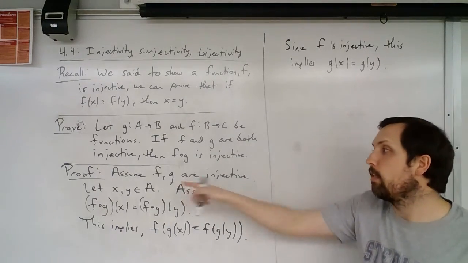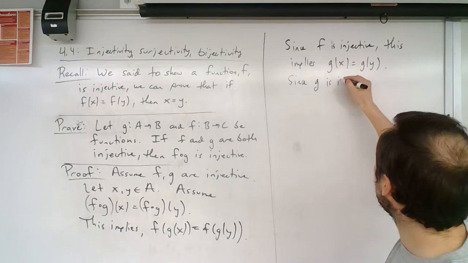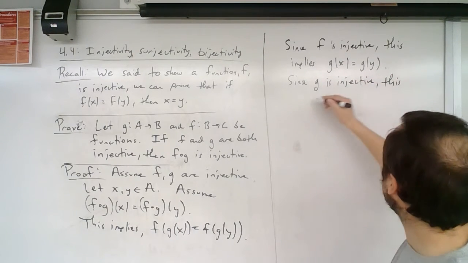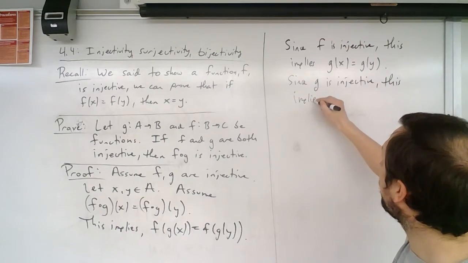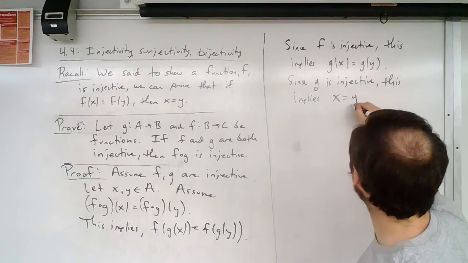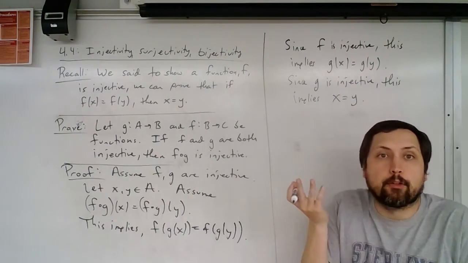Now we use the statement that g is injective. So since g is injective, this implies, this is just the definition now of injective, that x is equal to y. So that's great. Well, what were we trying to show, right?